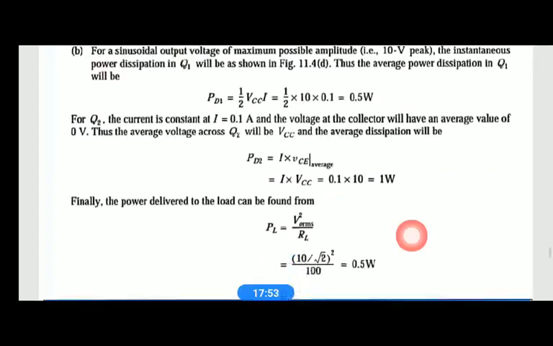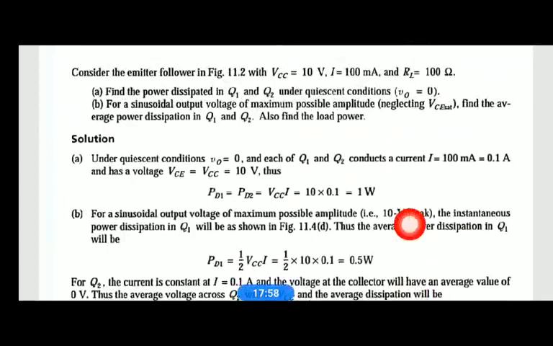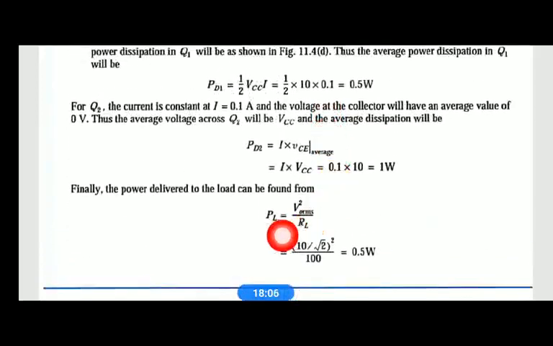So finally, the power delivered to the load can be found. We also need to find the power delivered to the load. So the power delivered to the load, PL, is equal to the output voltage in RMS squared divided by RL.